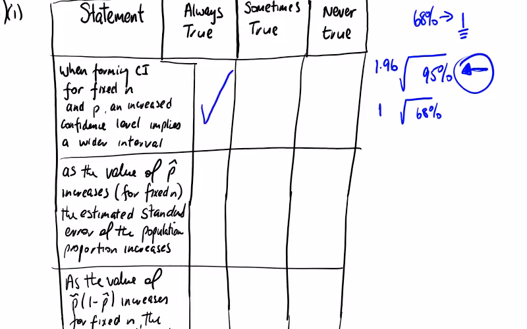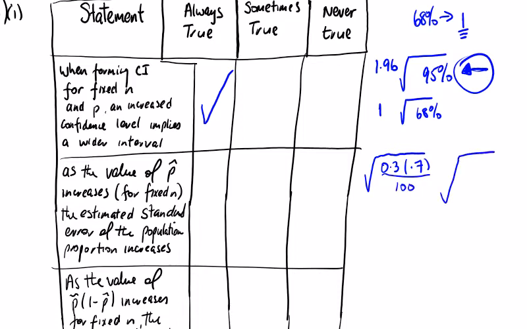Second part of this: as the value of p-hat increases for fixed n, the estimated standard error increases. Well, we may need to look at 3 here. Let's look at 2 at the lower end. We don't need the 1.96, we're just looking at the standard error. Let's take 0.3, so 30% success, or said yes, or whatever it might be, by 0.7, and let's take 100 as the sample.